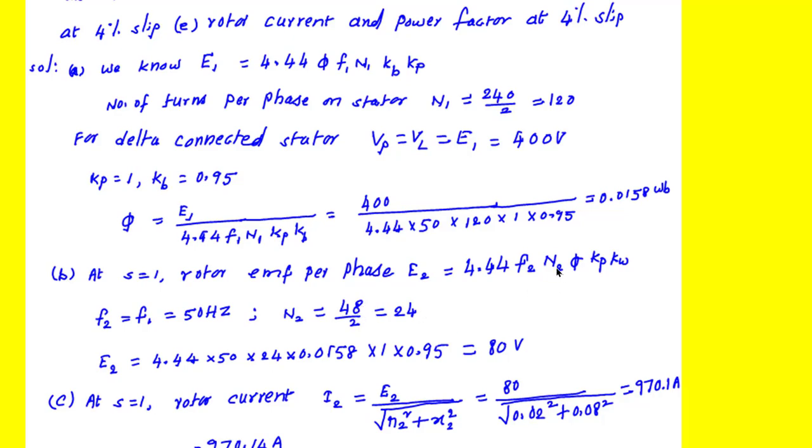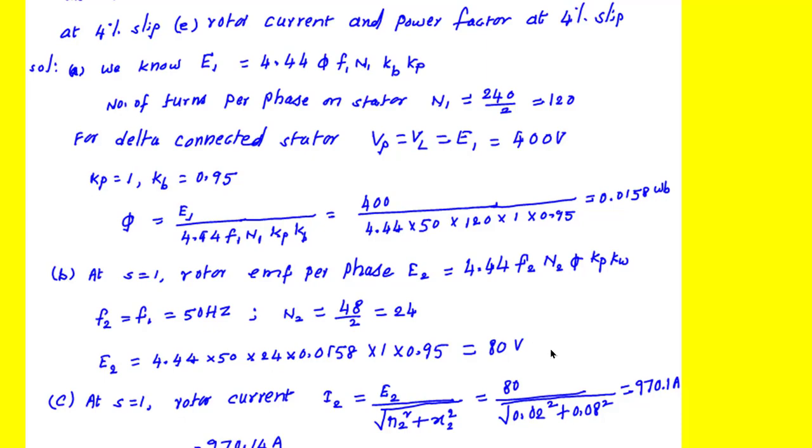So we substitute N2 as 24, into the flux, 0.0158 Webers, into 1, that is Kp, into the width factor, that is 0.95. So we get here 80 volts. The induced voltage in the rotor winding per phase at standstill is 80 volts.